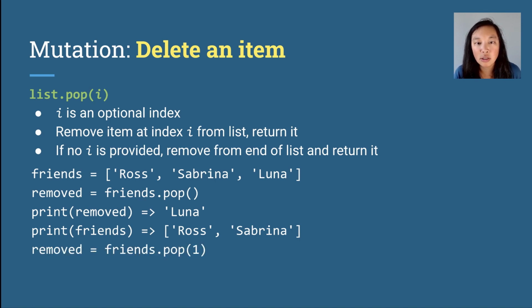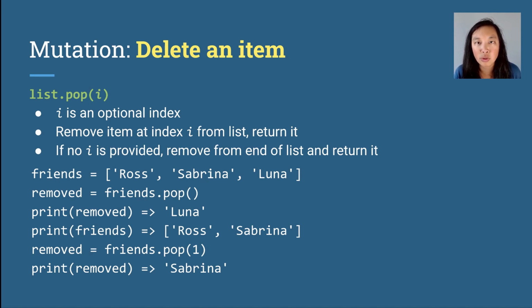What if we did removed equals friends.pop(1)? Now it's going to remove the item at index 1. So if we print removed, it's going to print Sabrina because pop is going to return the item that it removed. In this case, the item at index 1 was Sabrina.